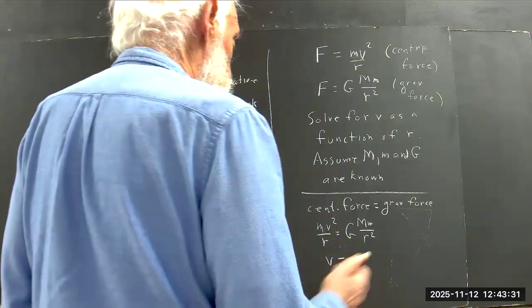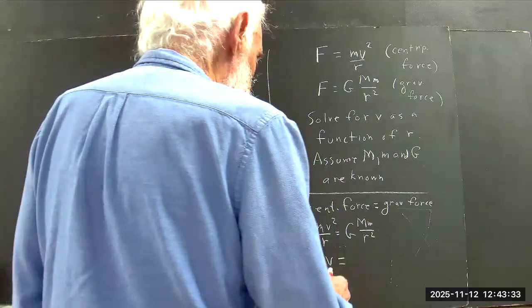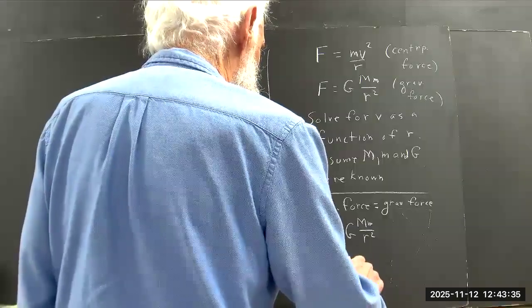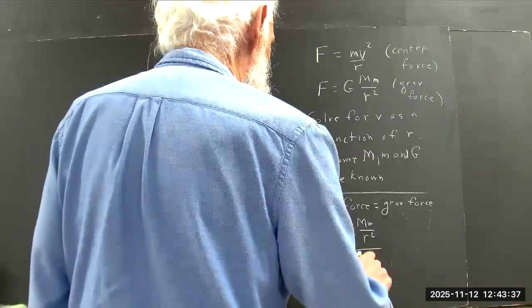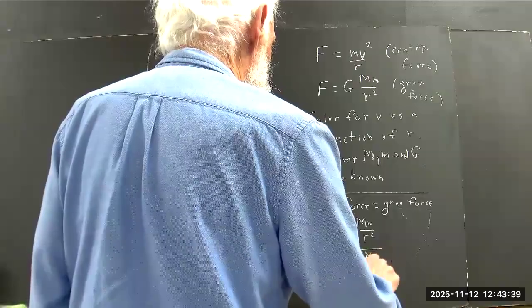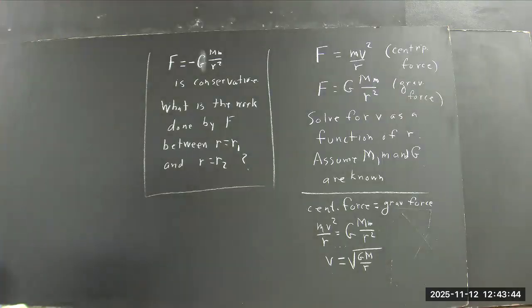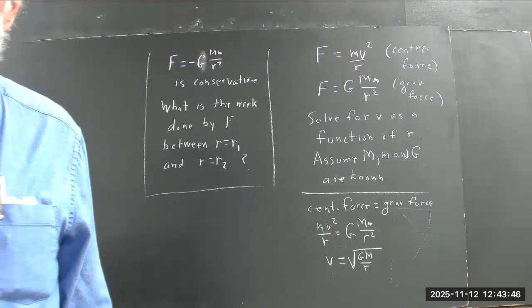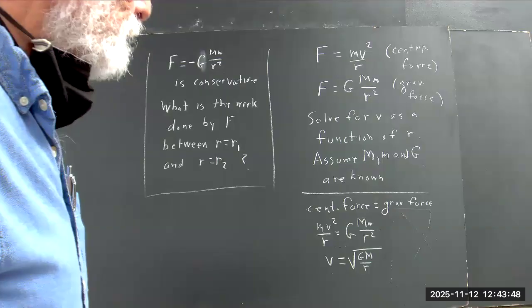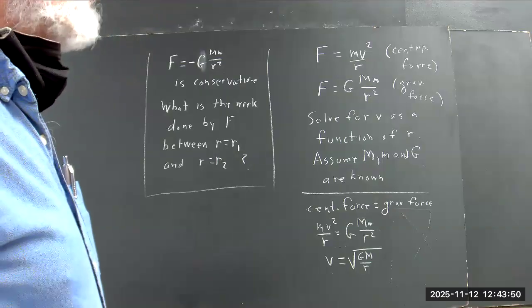Everybody's algebra is up to solving this, which is very good. And you get velocity is the square root of big G, big M over R.